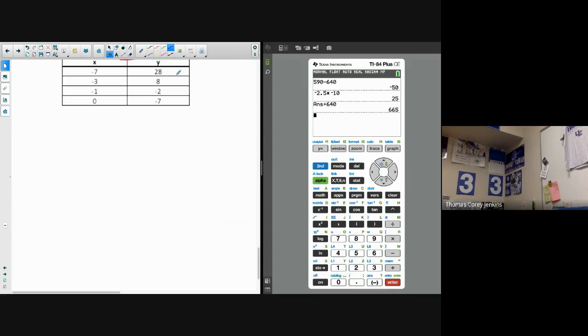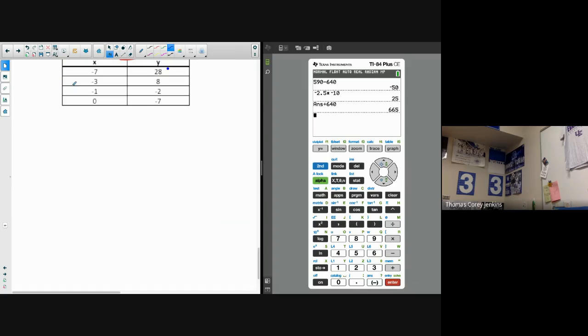8 minus 28 gives me negative 20. Negative 3 minus negative 7 gives me plus 4. And then you could make sure that they're all equal all the way through. Negative 2 minus 8 would be negative 10. Negative 1 minus negative 3 would be plus 2.